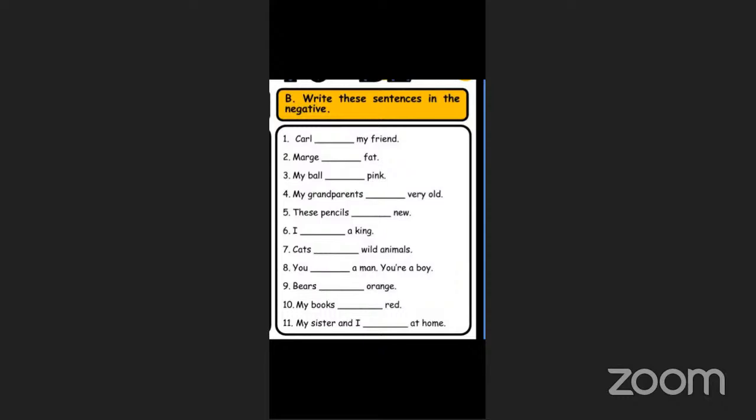Number 6, I. Yeah, you have the pronoun I. So with that I, you use the be verb am. I am not a king. That is the negative form. Okay, number 7.